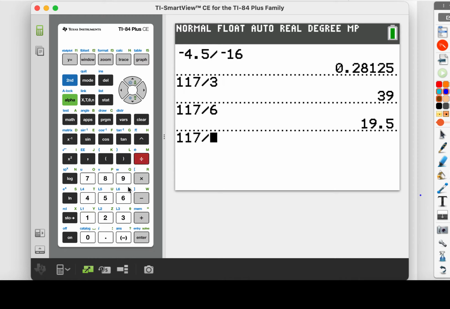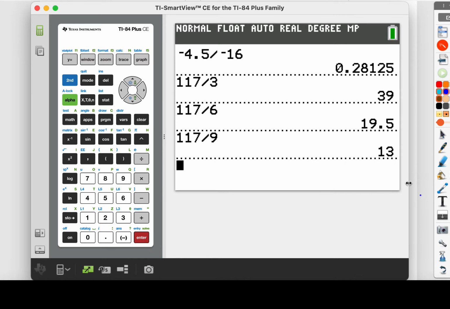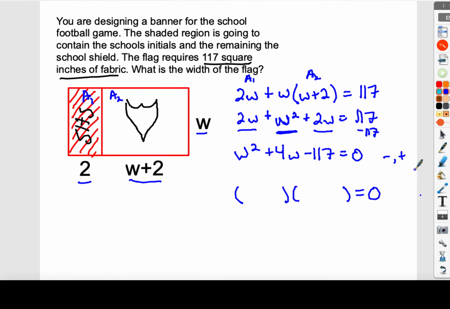Well, if 3 worked, maybe 9 will work. And it turns out that 13 and 9 are exactly 4 units apart. So I think we just found our winner. We've got 13 and 9. If the 13 is positive and the 9 is negative, then they'll add to a positive 4. So W plus 13 and W minus 9 would be our two good factors.